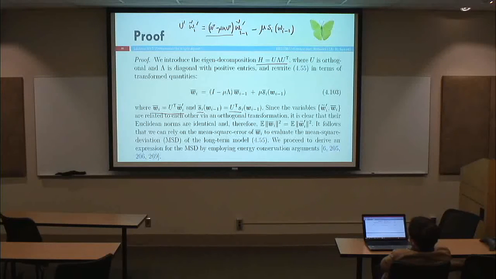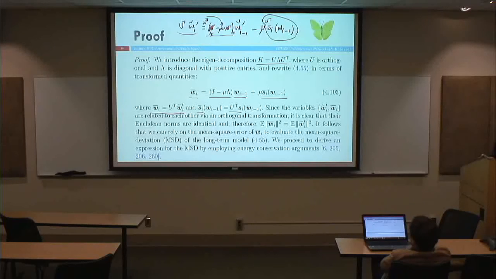Multiply by U transpose from the left. So U transpose times S becomes S bar. U transpose times W tilde becomes W bar, right? And then U transpose times this U is I. I take this U transpose out, put it here, because it's common here and there. So this goes back to I minus mu lambda, because this U transpose also cancels this U, right? That's how you get this relation.